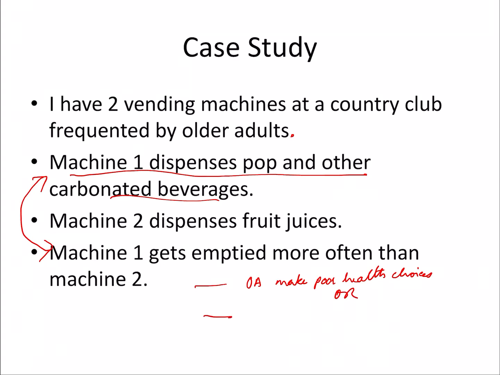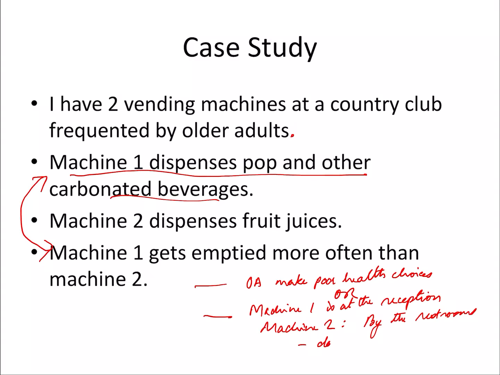Or is it because machine 1 is at the reception, so it can't be missed, so it gets used, whereas machine 2 is by the restrooms in the back, so it doesn't get frequented as often.